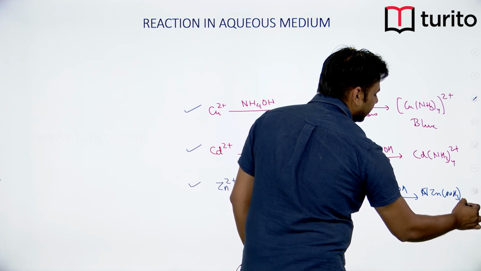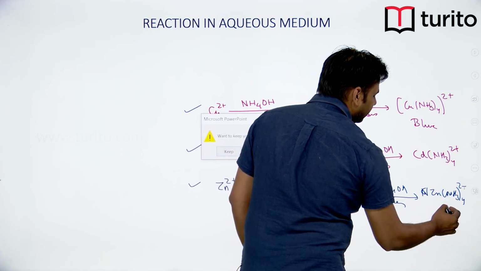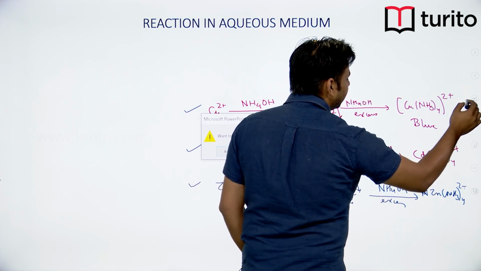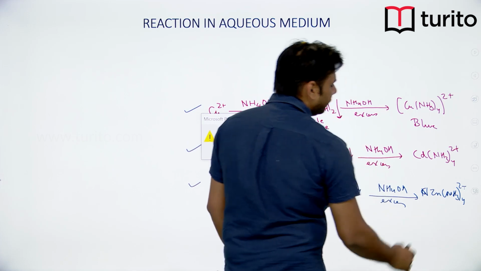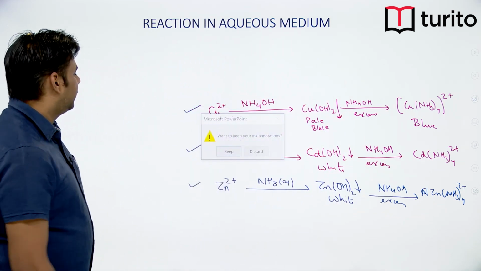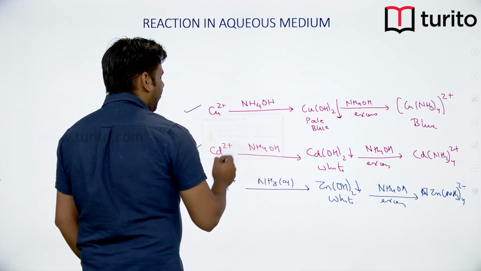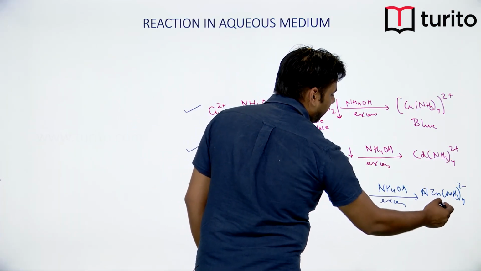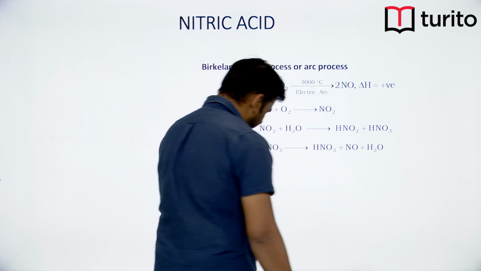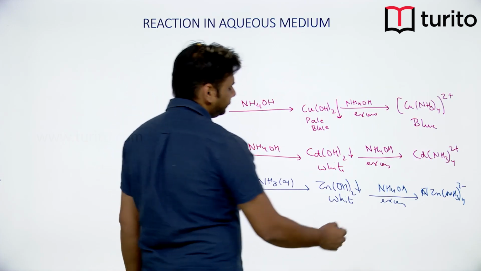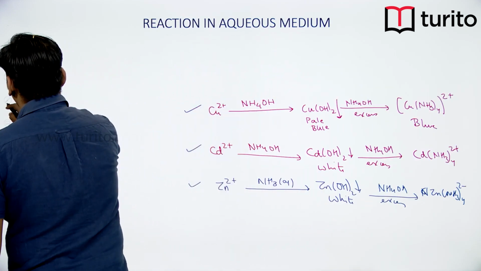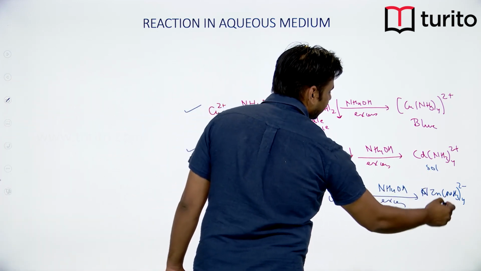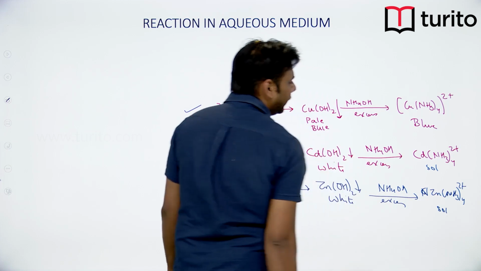So the precipitate is now soluble. The precipitate dissolves and it becomes soluble.